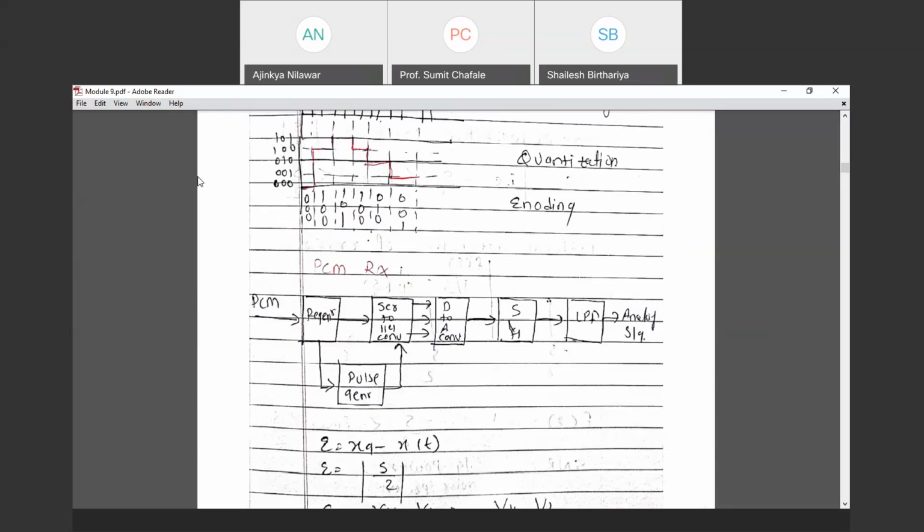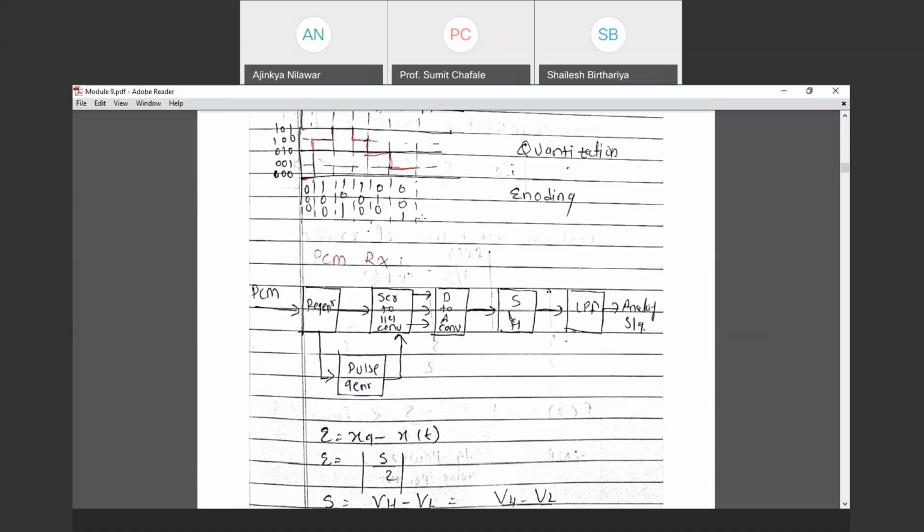Suppose the value of n is 2 bits, then for each sample we have 2 bits. If the value of n is 3, a 3-bit representation; if n is 4, a 4-bit representation. So depending on the value of n, the bit representation is generated. I hope you understood the basic working of PCM.